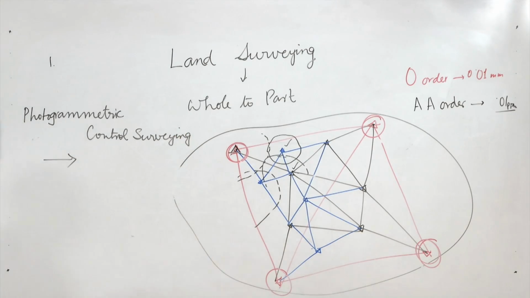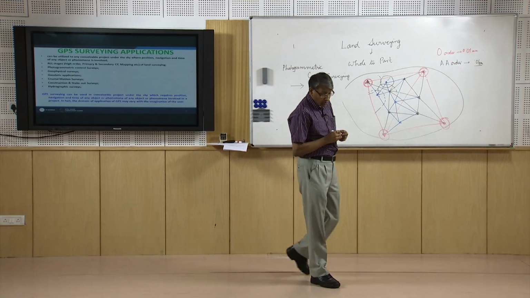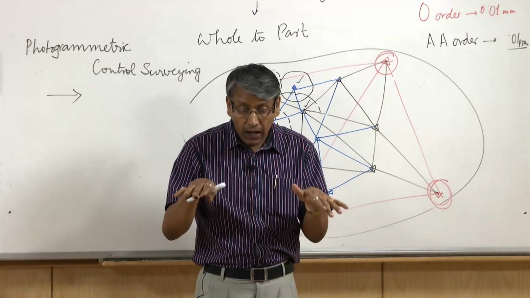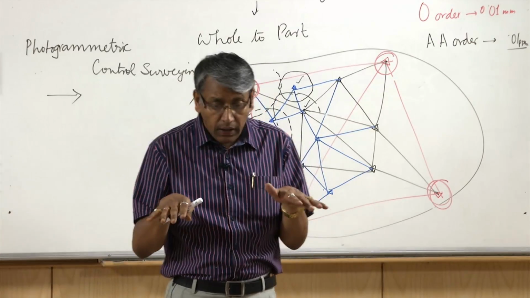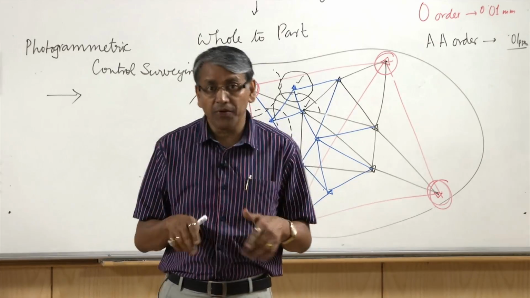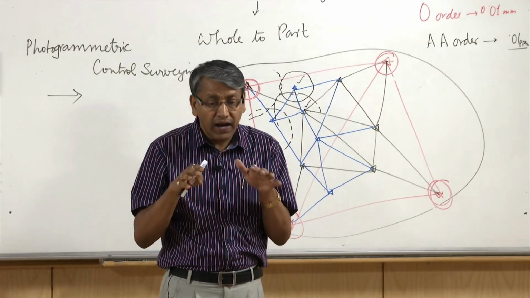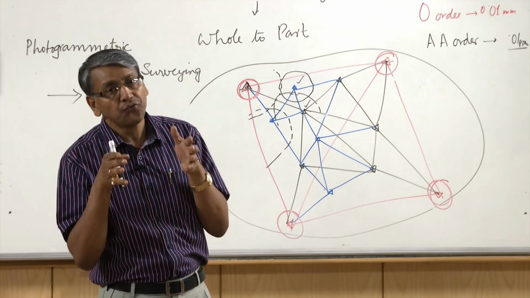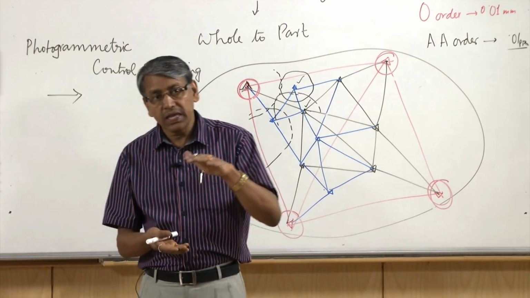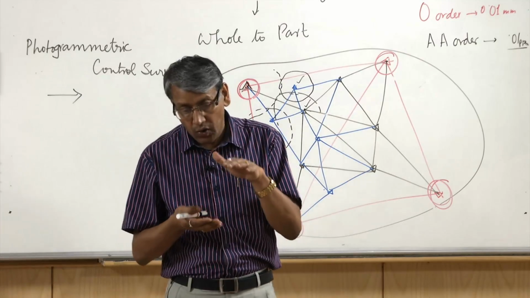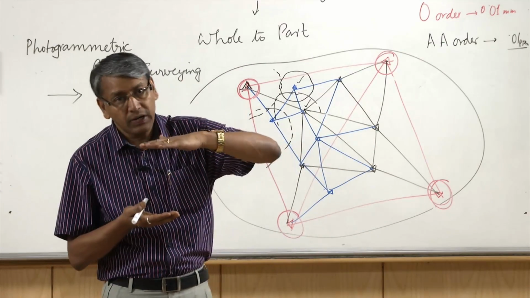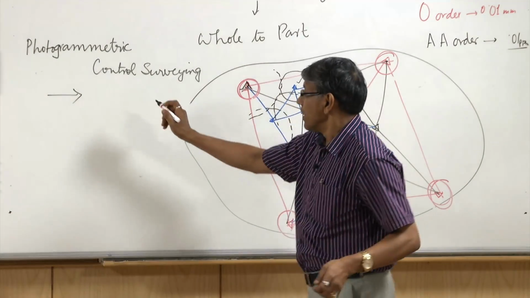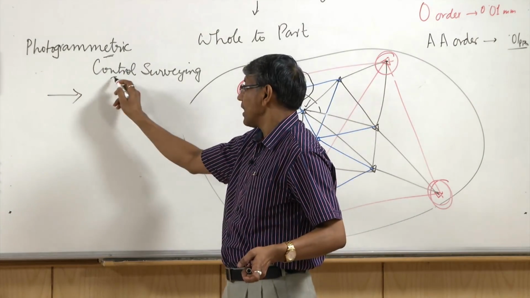In photogrammetry we make use of aerial photographs to get the features and objects on the surface of the earth, but in order to get them with their exact position, we need to first establish the congruency of the photograph with the land, and that is done by photogrammetric control surveying.